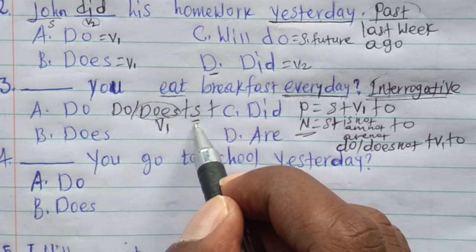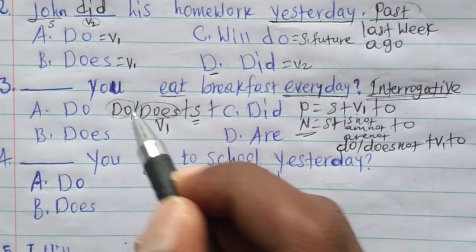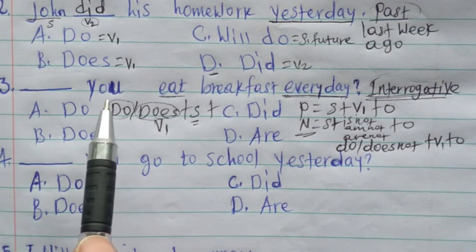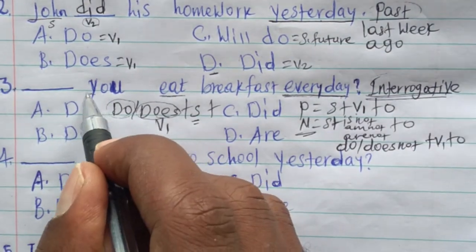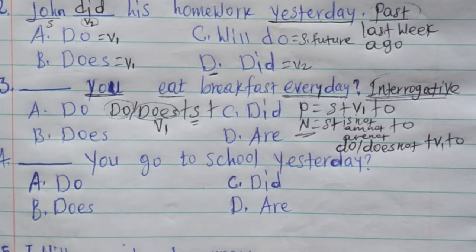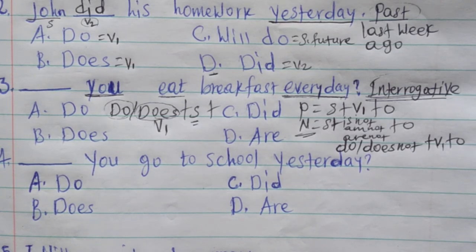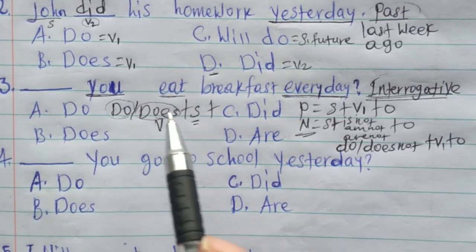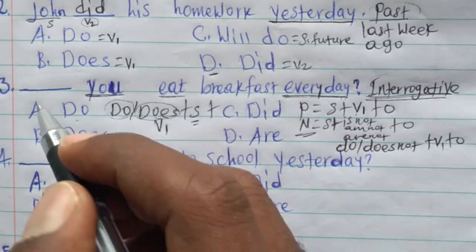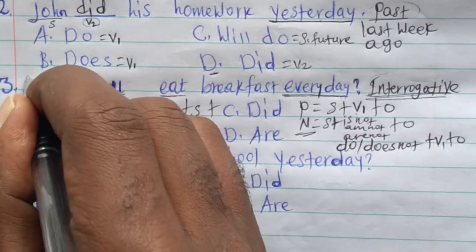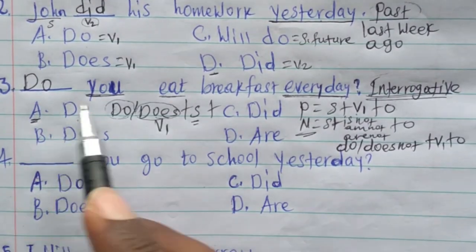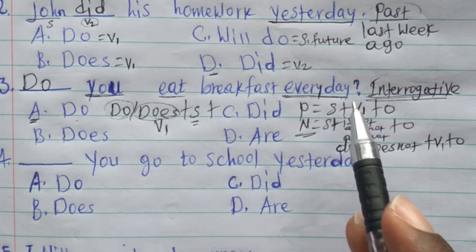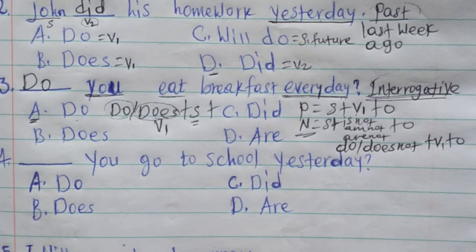If the subject is plural, we are going to use do. So in this sentence we have the subject you, and you is a pronoun that is used with plural verbs. So which one is a plural verb, do or does? It is do, so the answer will be do. Do you eat breakfast every day? is the correct answer.